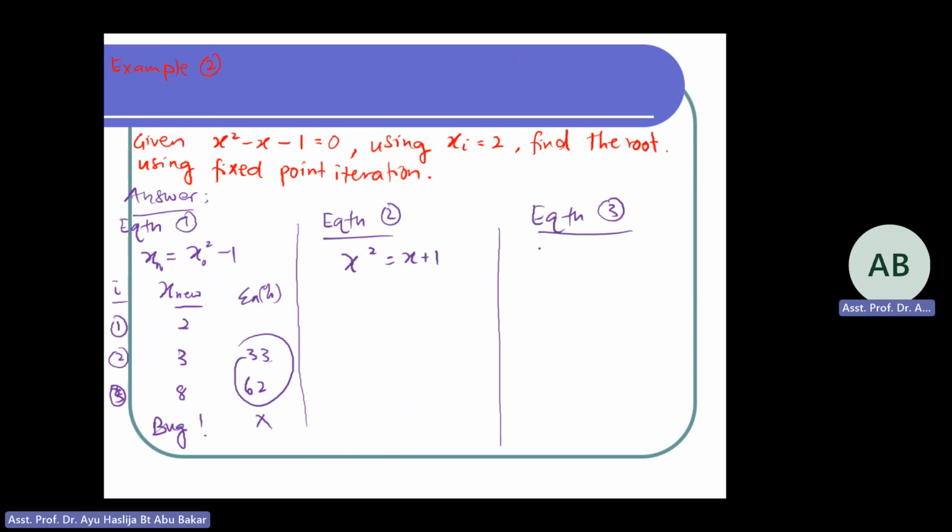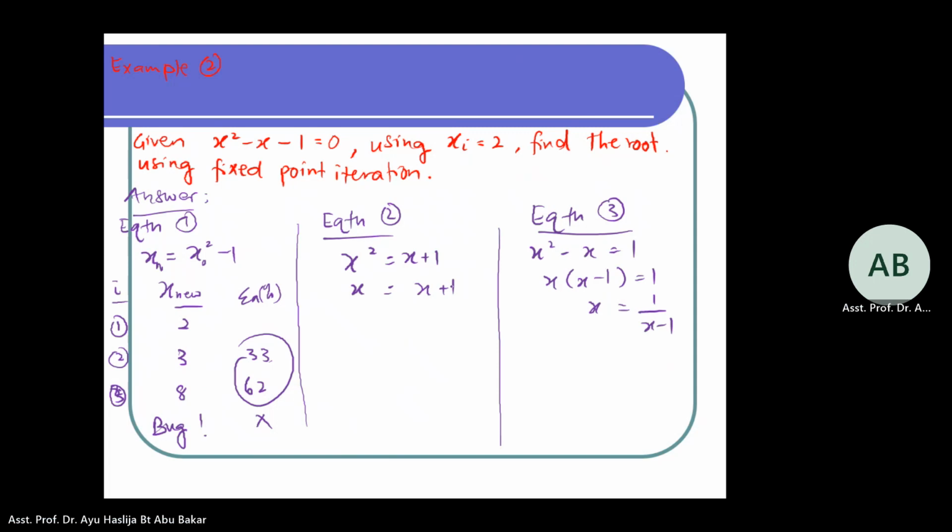For equation 3, let's say you rearrange into this. So you will get x, this one. So there are a few options of x. Here, x power 2 equals to this, then x equals to what? Square root of x plus 1. Correct. For equation 2, try to do the iteration, whether you can get the EA reducing or not.